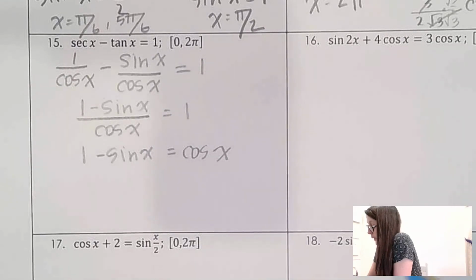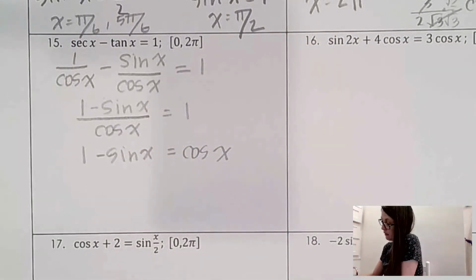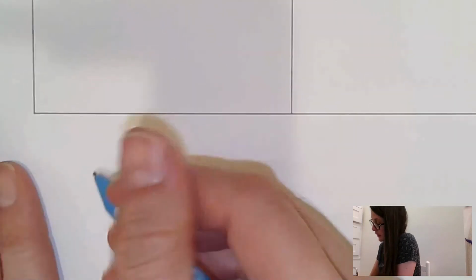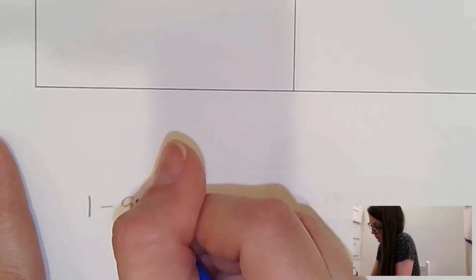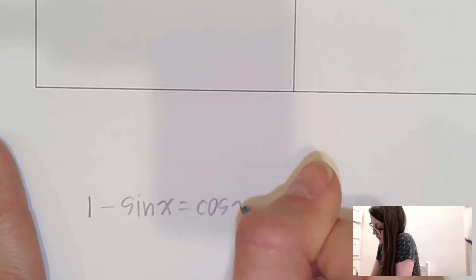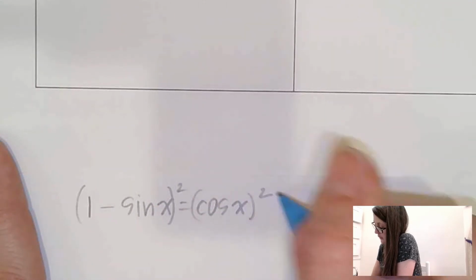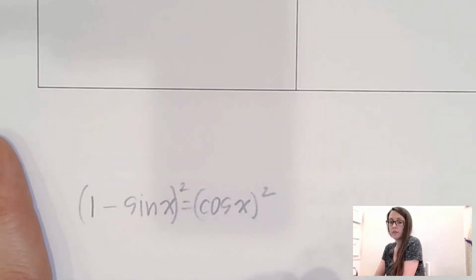So for this one, it's going to be a little crazy. I'm going to need some room here, but for this one, we would need to square both sides. So I'm going to come down here. And when I square both sides, it's going to help me a little bit with finding the x values.